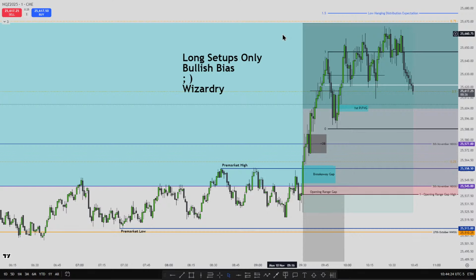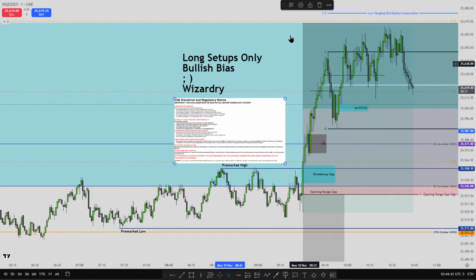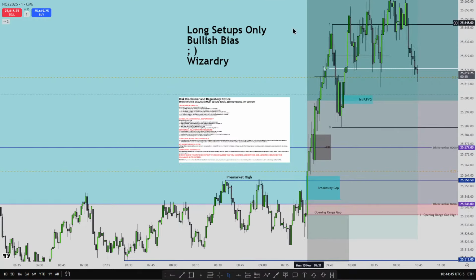Would me copying your risk disclaimer word for word be sufficient for me to use? Yeah, 100%. And my risk disclaimer is bulletproof. I have two, I don't even have one, I have two.